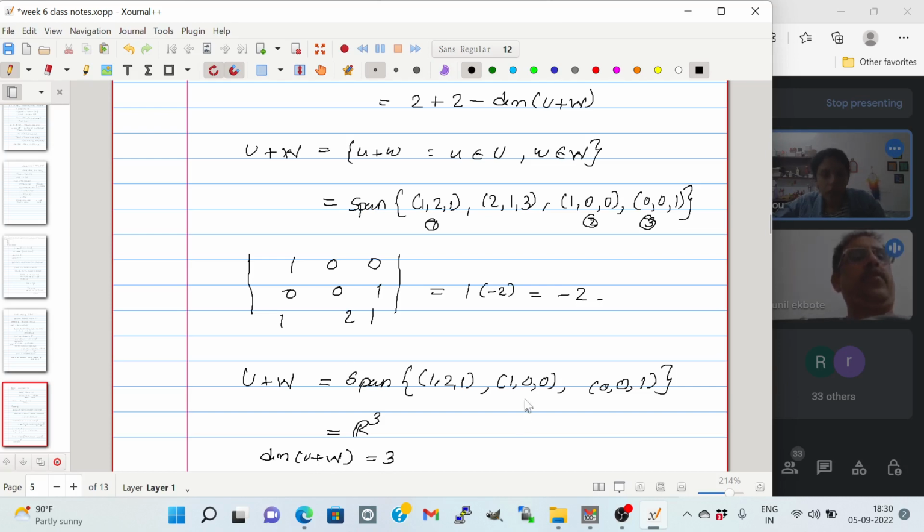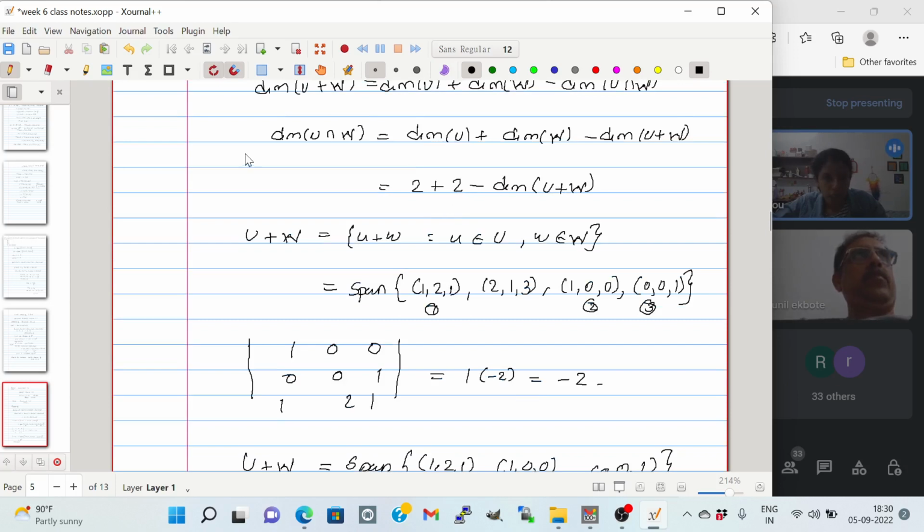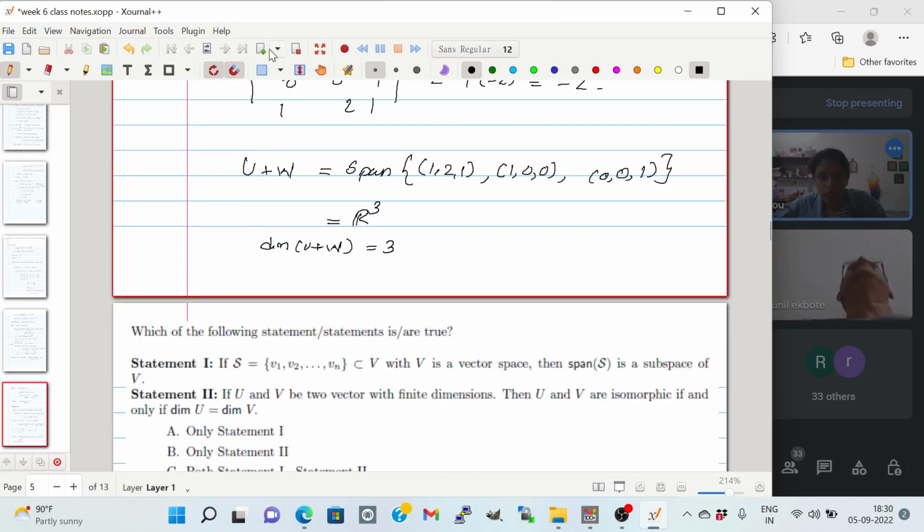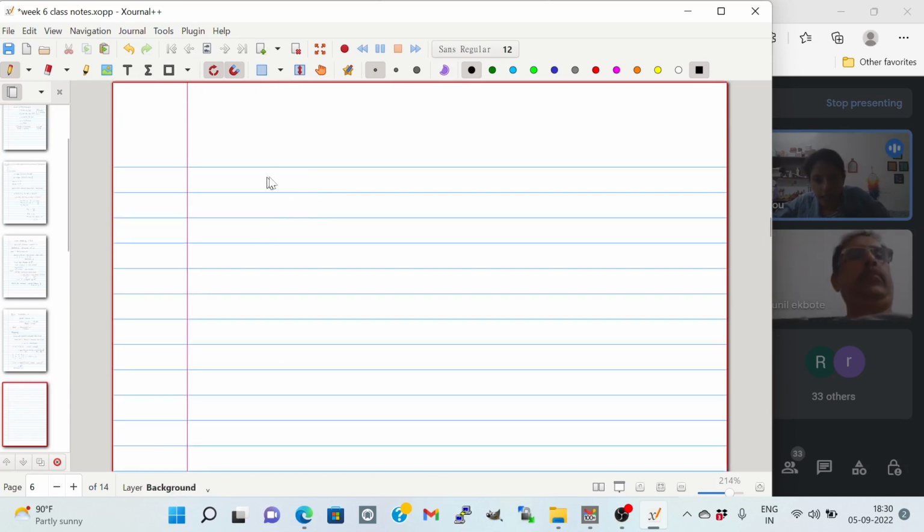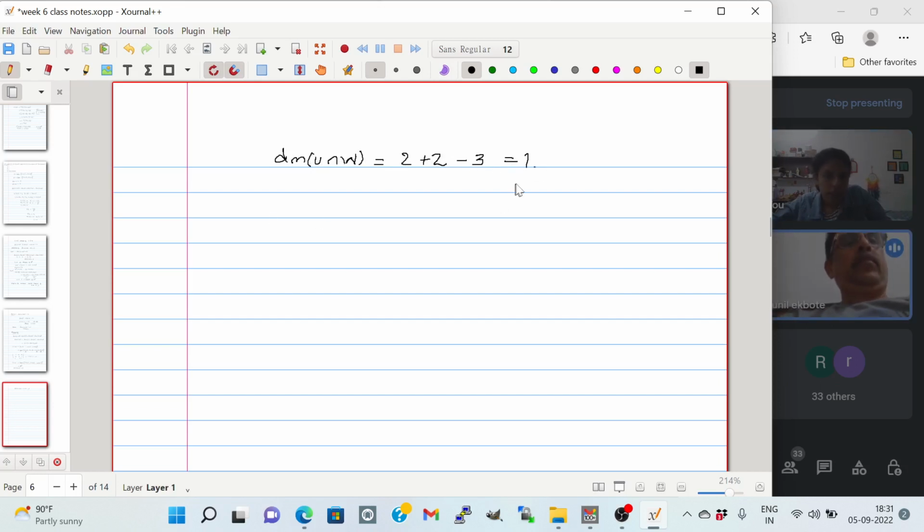Fine. Okay, so we got all the values here. So from this, what we are getting is dimension of U intersection W equals dimension of U plus dimension of W minus dimension of U plus W, which is 3. This is 1. Okay. In this way also, we will get the dimension of U intersection W is 1.